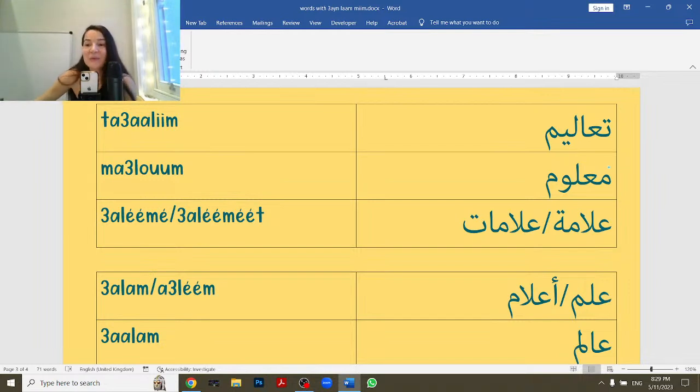Yeah. The next word is ma'loom. And look how I wrote it with the number 3 here as well, as always. Ma'loom is a word we use in Lebanon to say of course. Really simply just that.